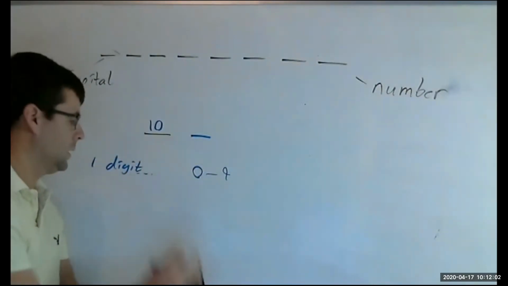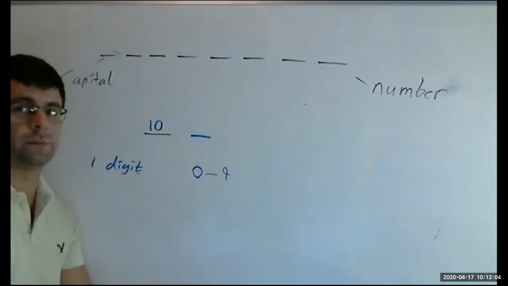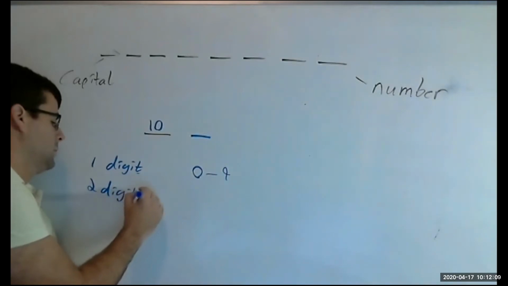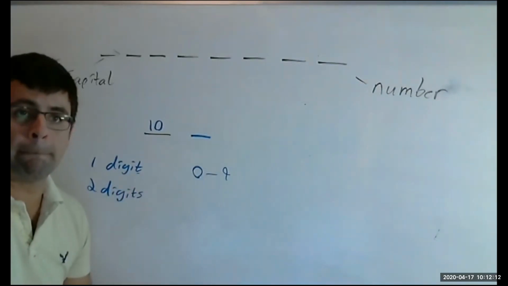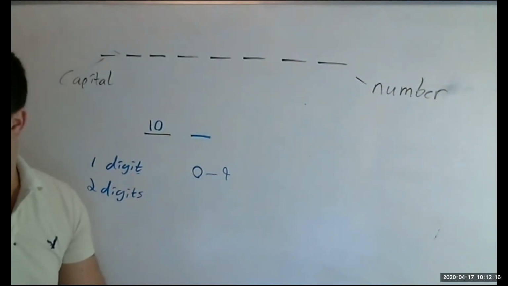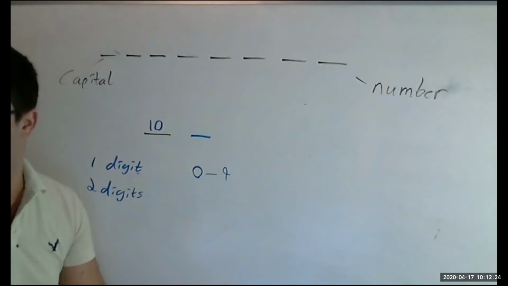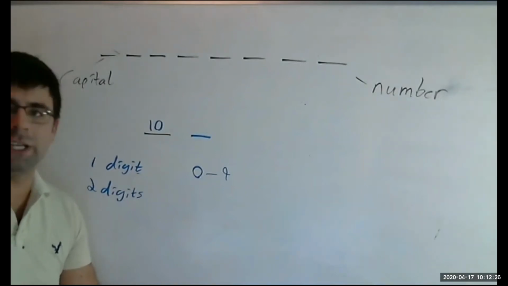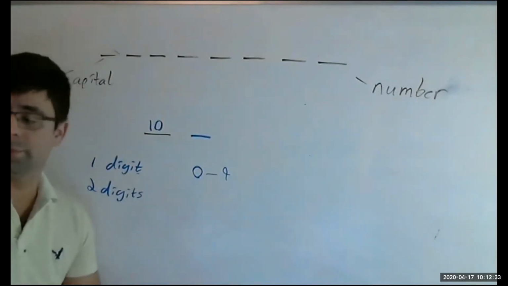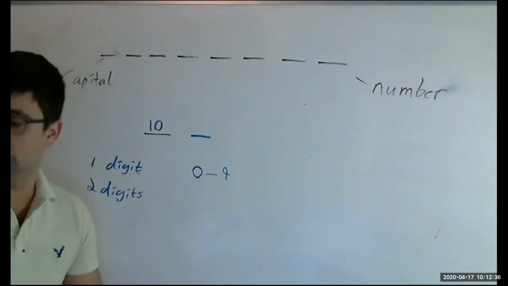What about 2 digits? To phrase the question a little bit differently, how many different numbers can you make with 2 digits? 89?